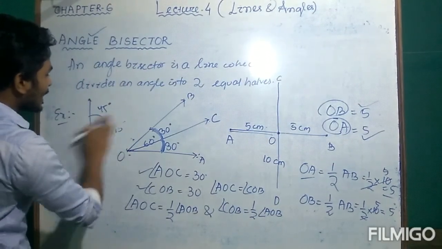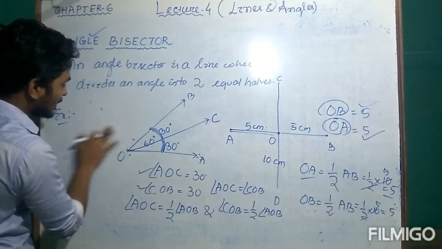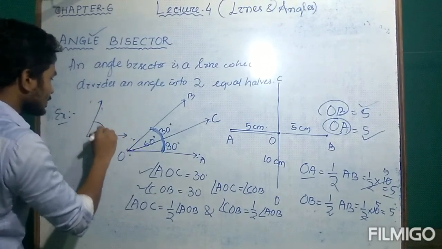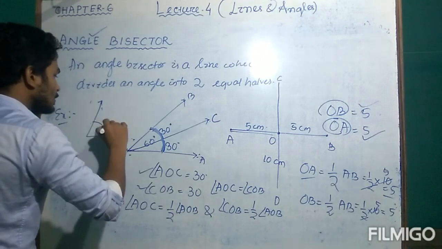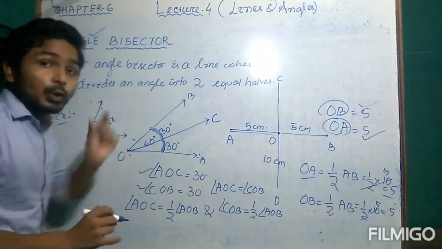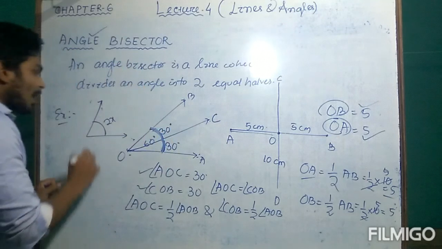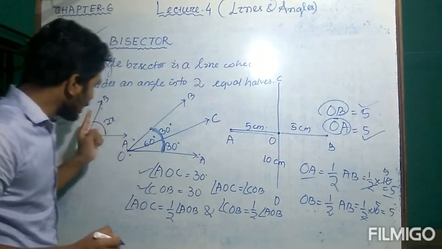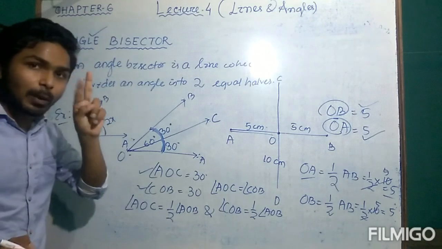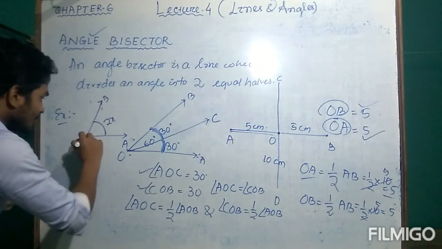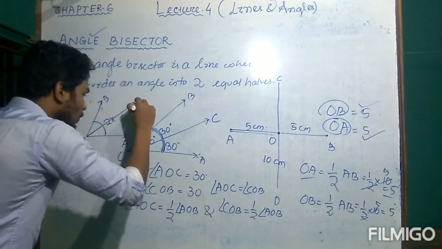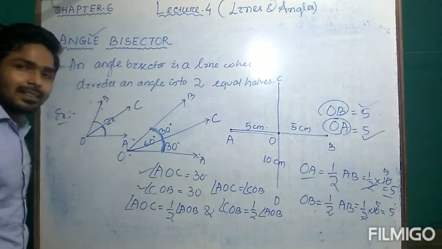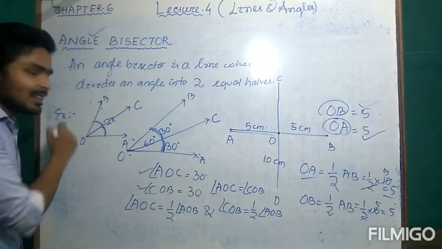Similarly, if you take another angle, suppose this angle is 2x. Now you are going to draw an angle bisector of this angle. Angle bisector means it divides this into two equal halves. So suppose this is an angle bisector OC. Then could you tell what is the measurement of this angle? What is the measurement of this angle?